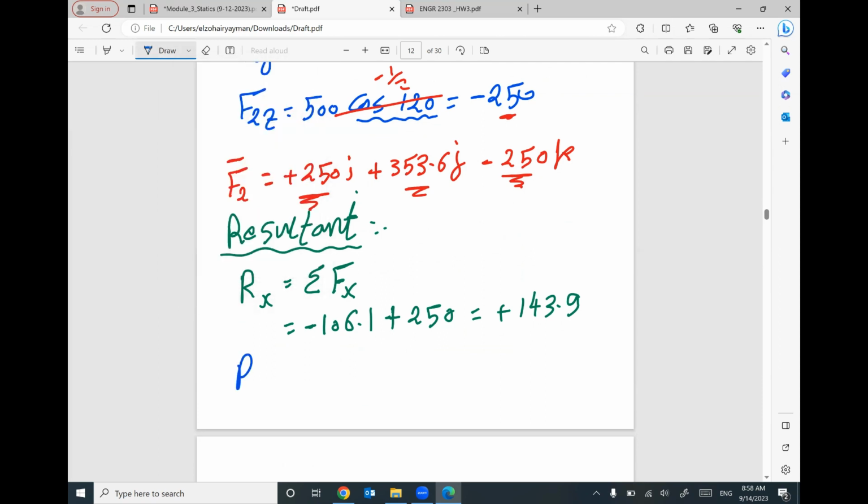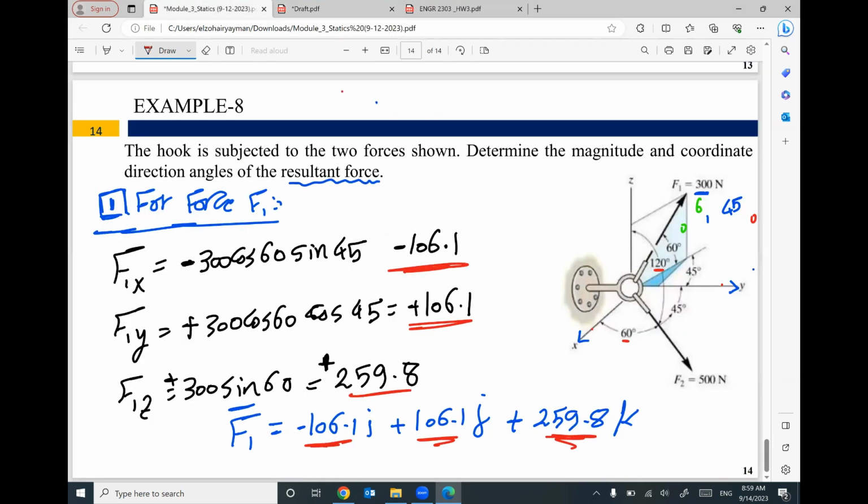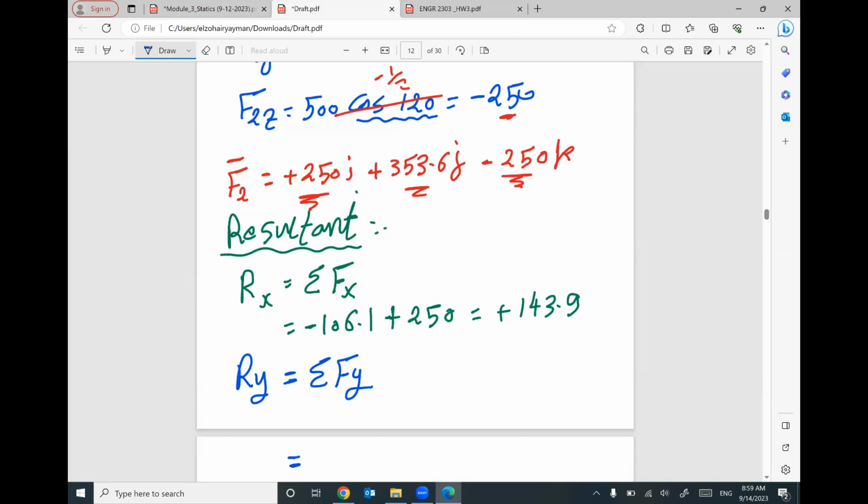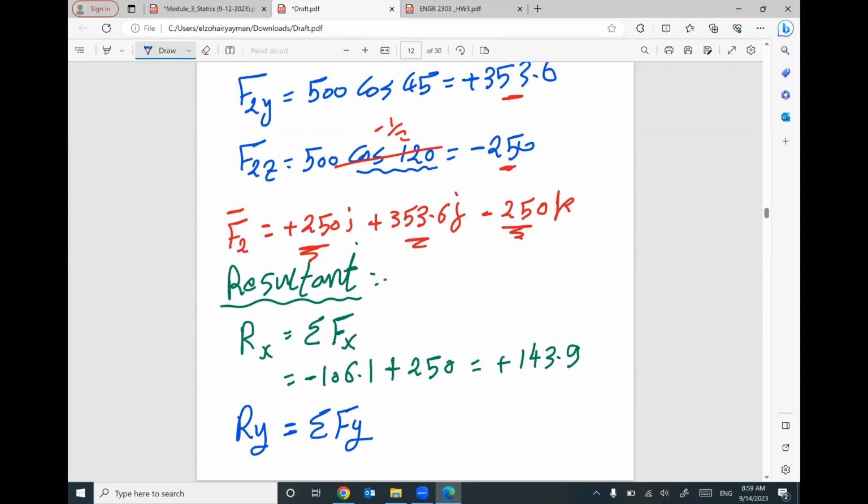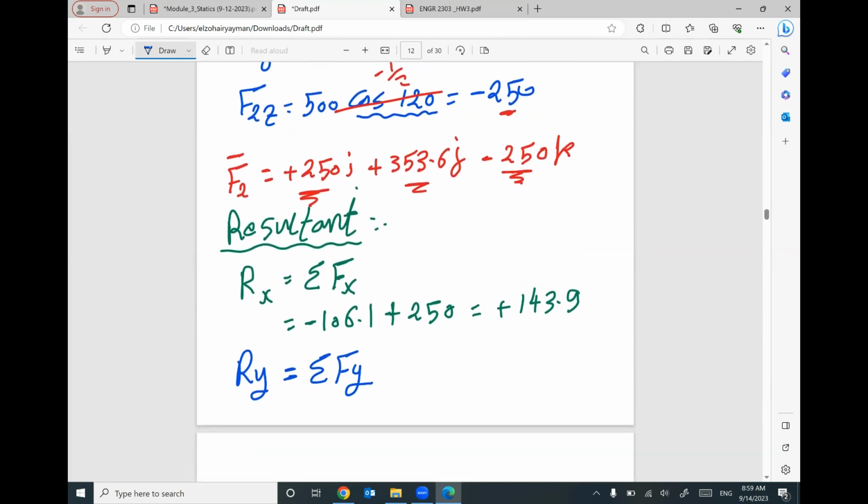The Y component of your resultant equals the summation of all Y components of your forces. We have the Y component here, positive 106.1, and we have the Y component here, positive 353.6.